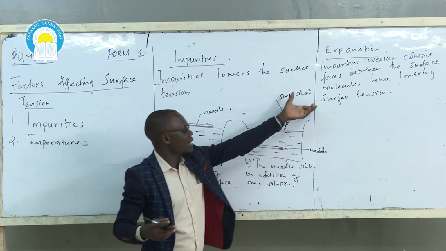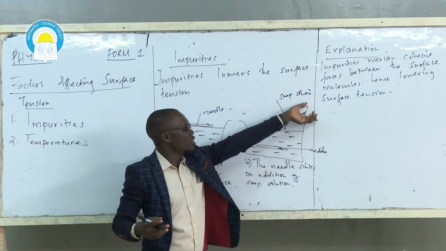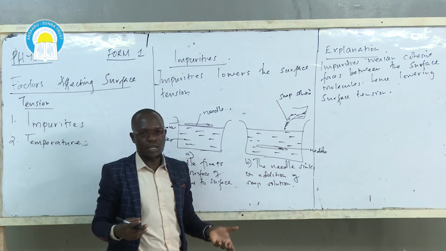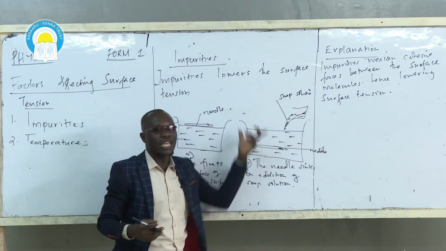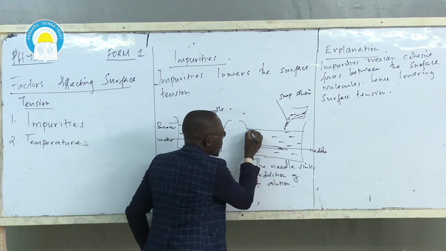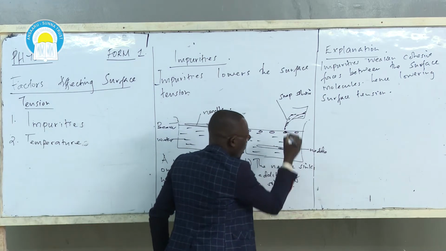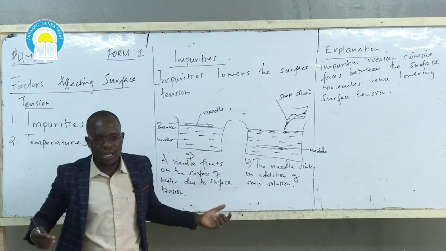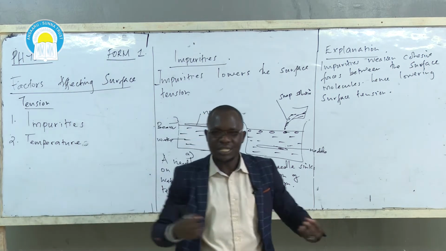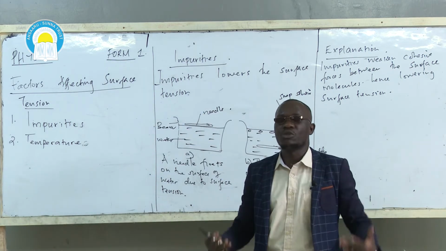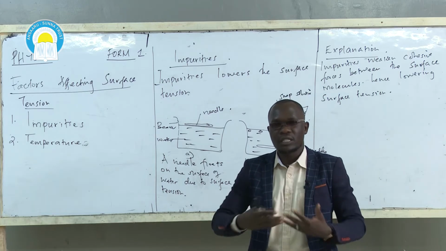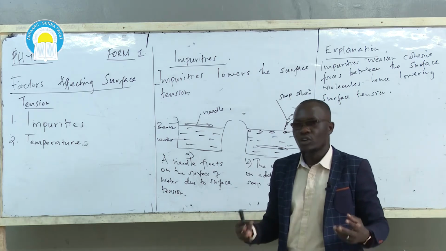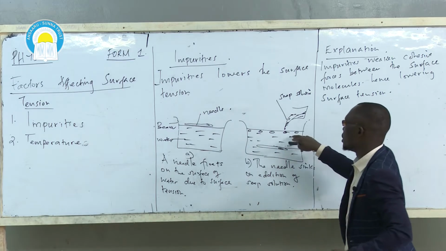Now, once the impurity, which is the soap solution, is introduced in the liquid, the soap solution is going to weaken these cohesive forces of attraction between the surface molecules. Once the cohesive forces are weakened, then the elastic skin surface of the water becomes weak. Remember, the surface is made to be elastic because of the cohesive forces of attraction between these surface molecules.